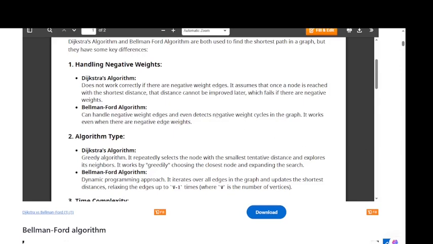You can see that Dijkstra algorithm does not work correctly if there is a negative weight edge. It assumes that once a node is reached with the shortest distance, that distance cannot be improved later, which fails if there are negative weights. Bellman-Ford, however, can handle them.